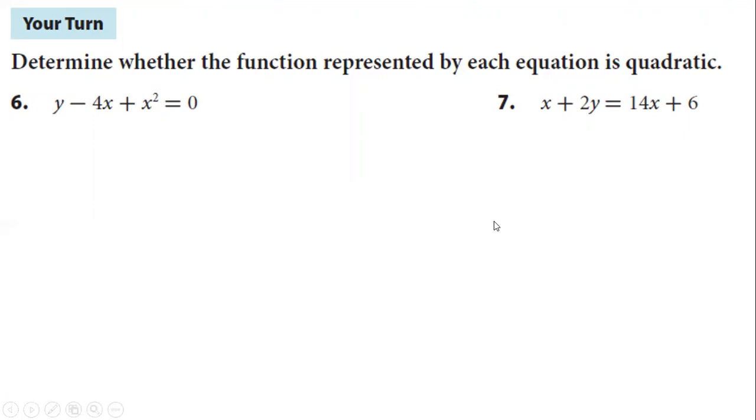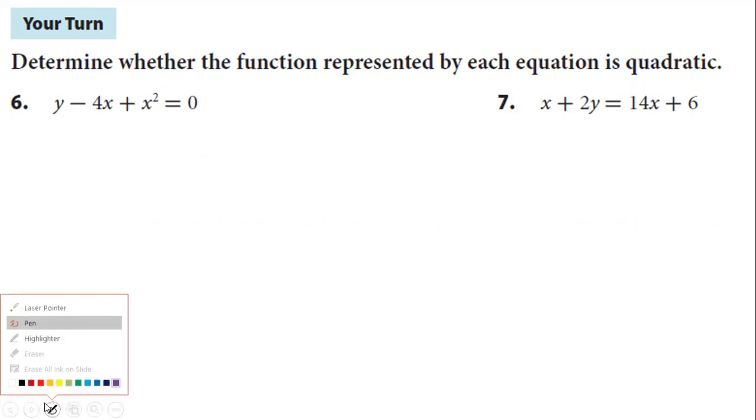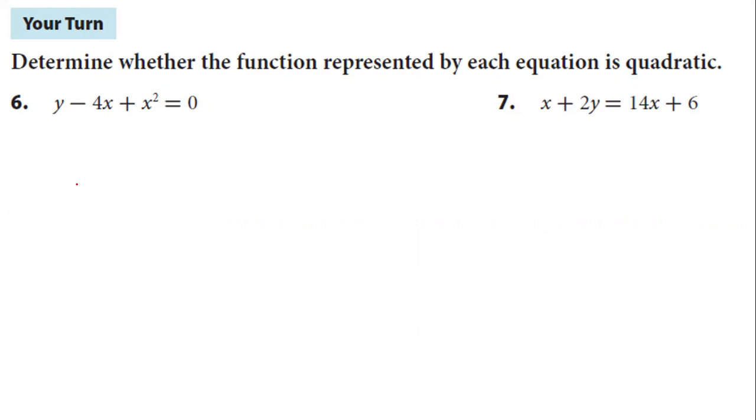Now, your turn. I will give you 1 minute to solve number 6, 1 minute to solve number 7. Number 6, you have to isolate y. Firstly, this term will go to the other side, this term will go to the other side.